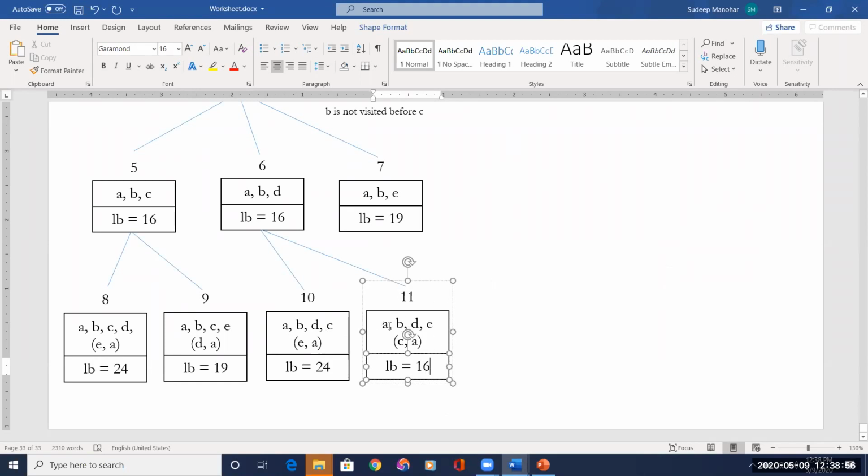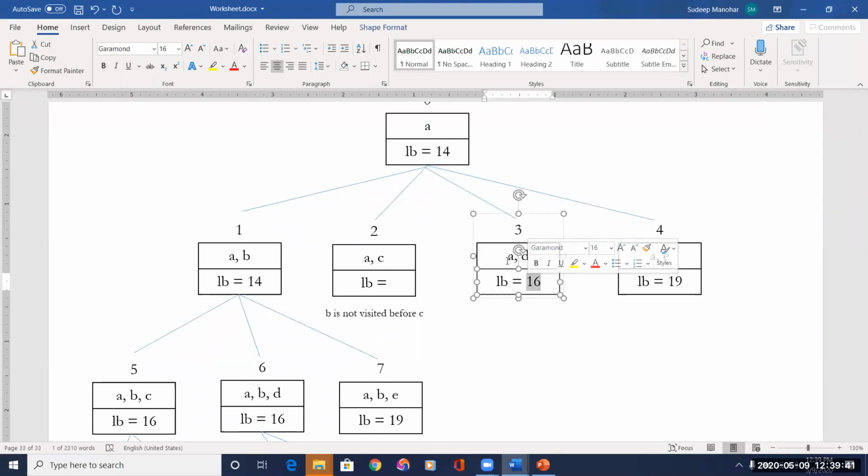Now, if you consider 11, already you have considered a path from A to A, a Hamiltonian cycle with cost of 16. And what this node tells us, node from A to D, there is one edge you have selected, and you can continue with this also. If you continue with this, you may have a chance to find one more Hamiltonian cycle with lesser value.